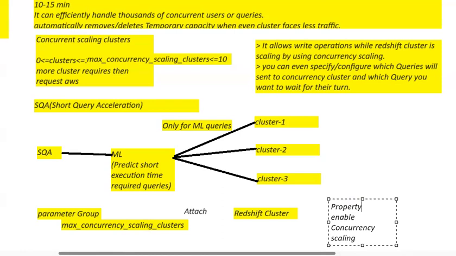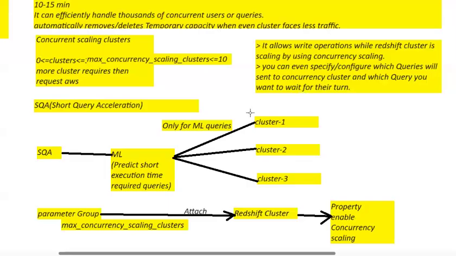We can even see this from the console. Before going to that, I'd like to provide you the theory, because it will be very helpful to enable concurrency scaling in the lab. So let's move on with the lab.